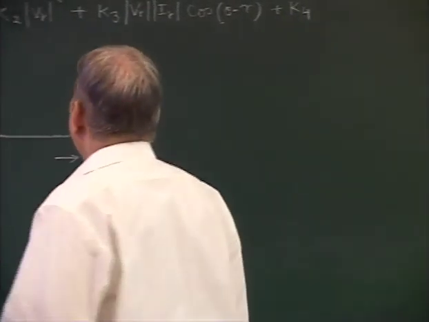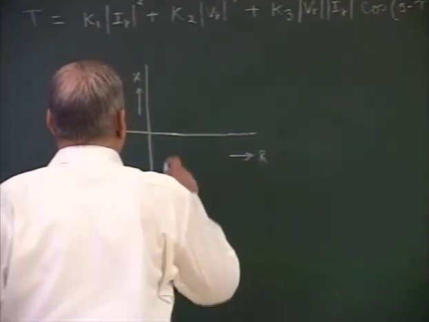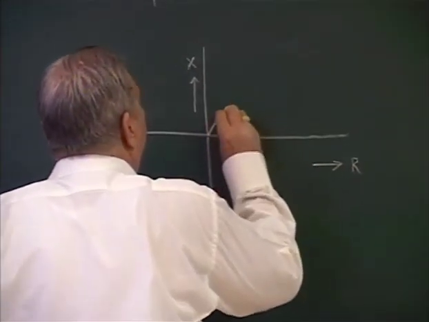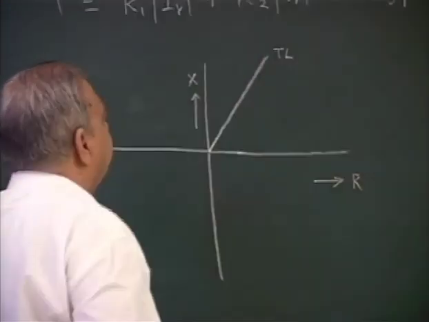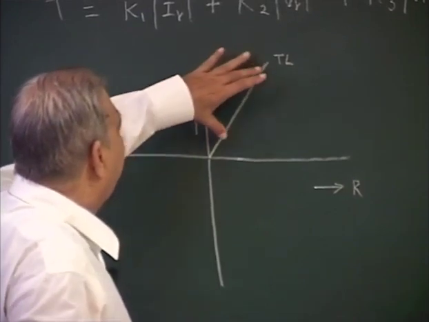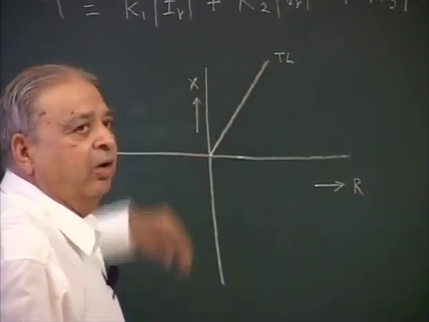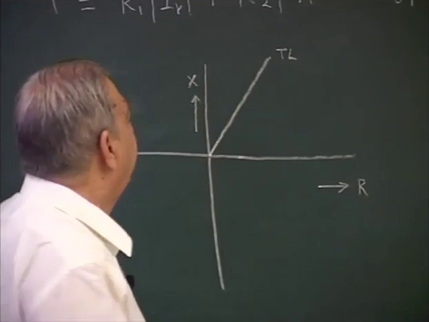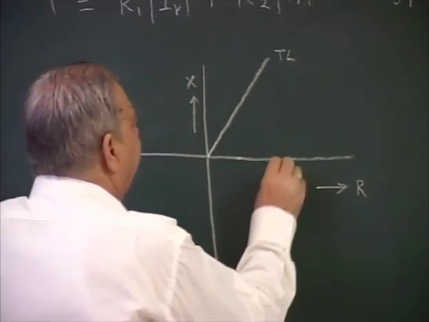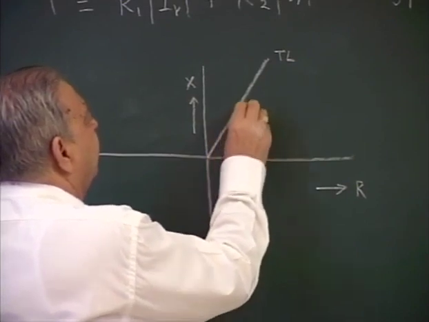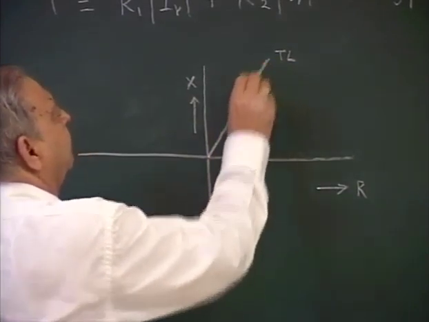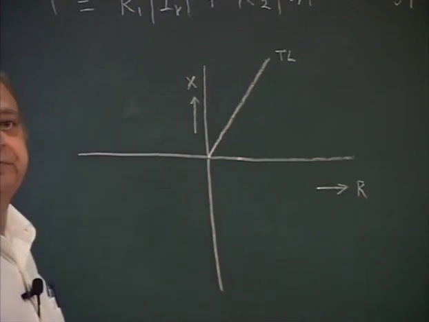Now we can represent the transmission line where length of the line is equal to the impedance of zone 1, and whenever a fault occurs, the R and X will be lying on this line depending upon the location of the fault.